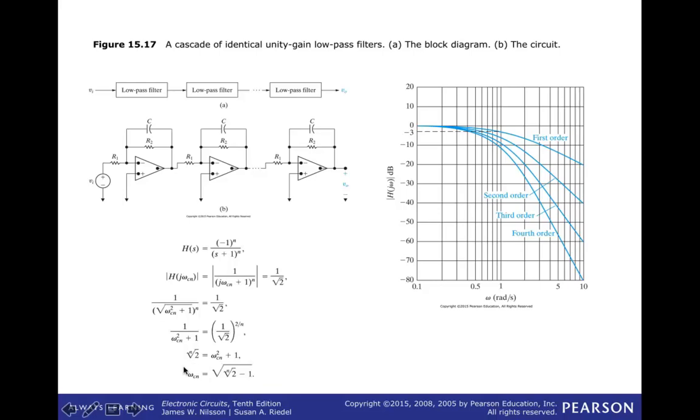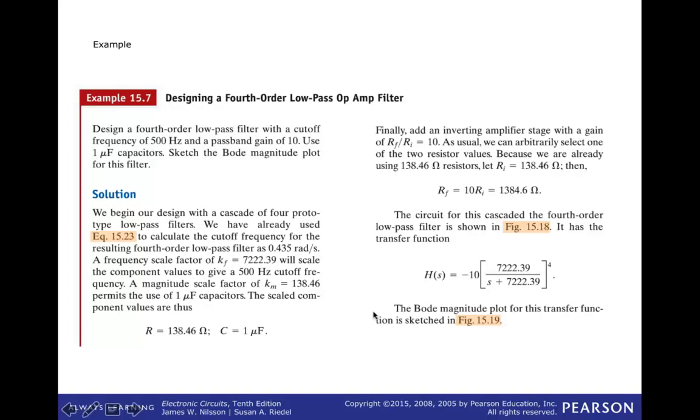For a prototype filter where each individual stage has a cutoff of 1, R is 1 and C is 1, so each one of these is a prototype. We cascade n of these together, and the new cutoff frequency will be the square root of the nth root of 2 minus 1. So definitely, the more of these we cascade, the lower the cutoff frequency.